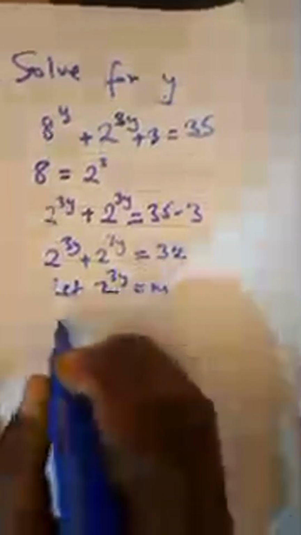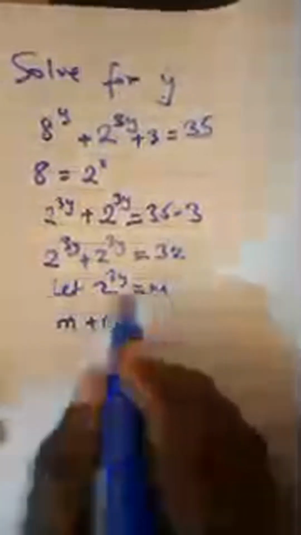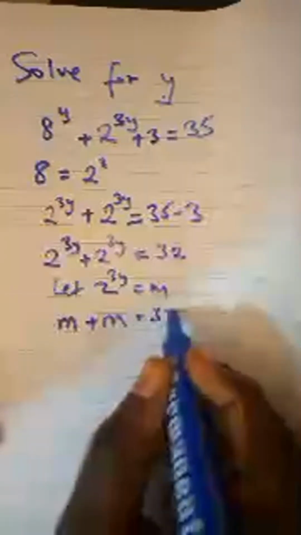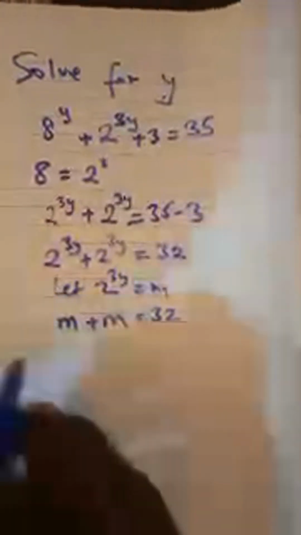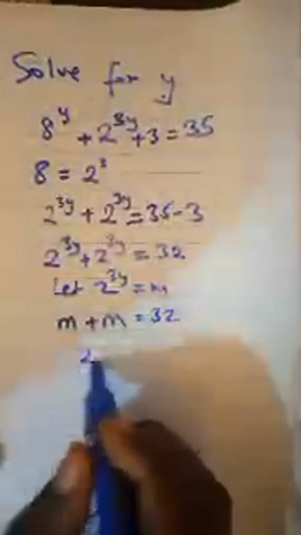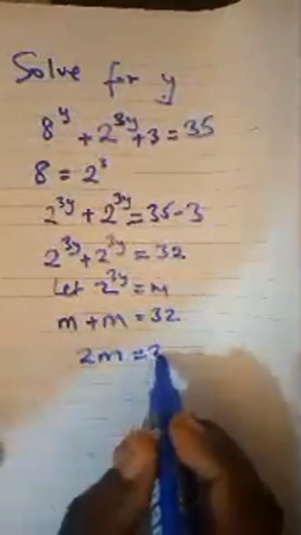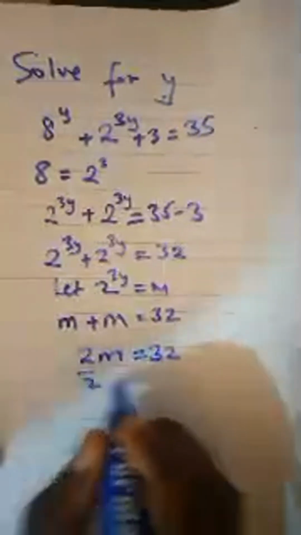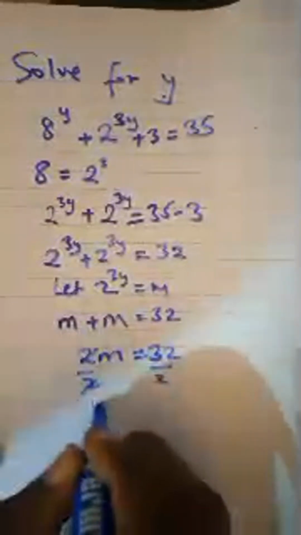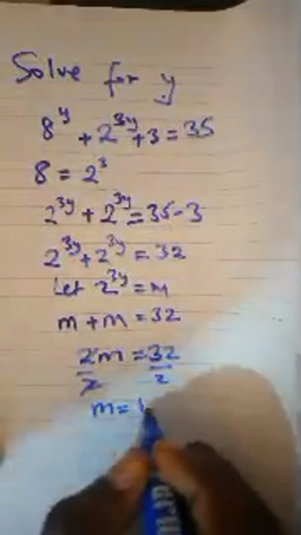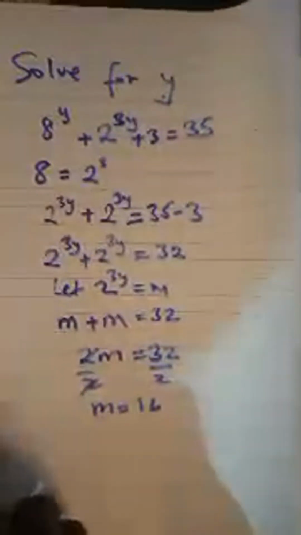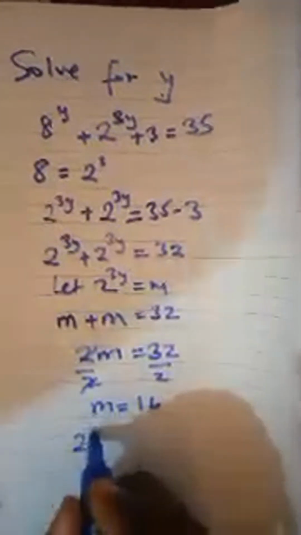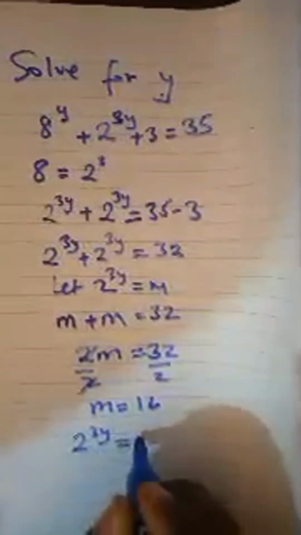m plus m, since 2 power 3y is m, is equals to 32. m plus m is 2m, is equals to 32. So dividing by 2, m now becomes 16. But remember, I said 2 raised to 3y is equals to m.